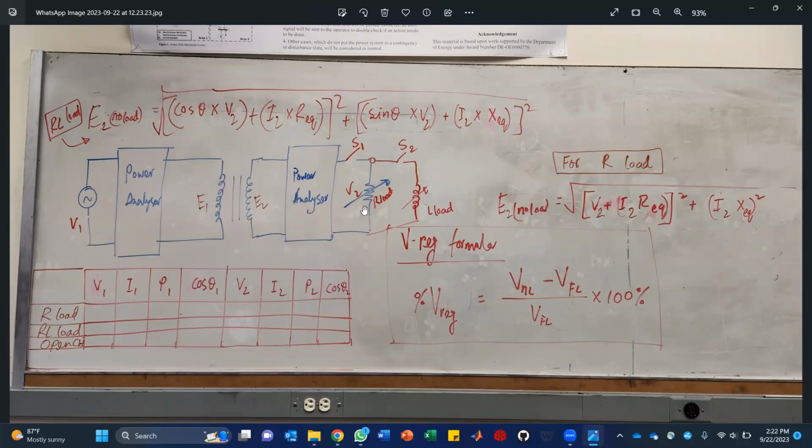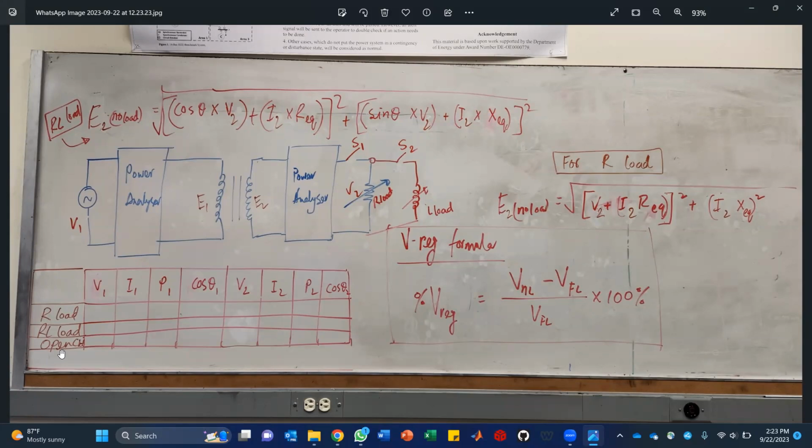We will test this voltage regulation experiment in 3 sections. First we'll test the whole thing with R load, then RL load, and then we will disconnect everything and have an open circuit.